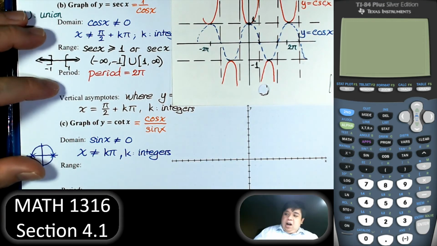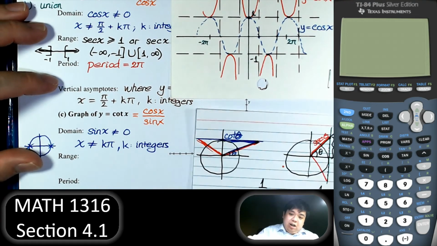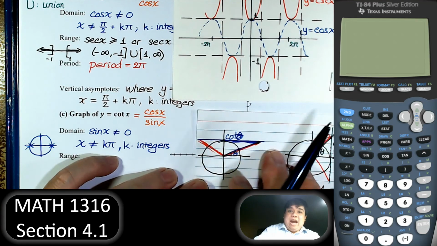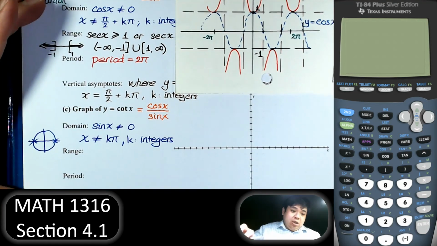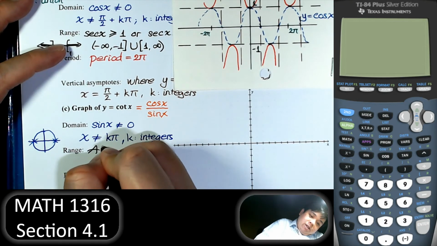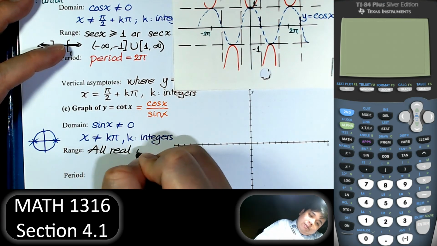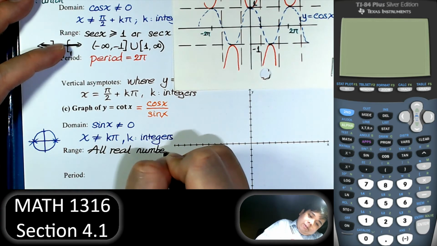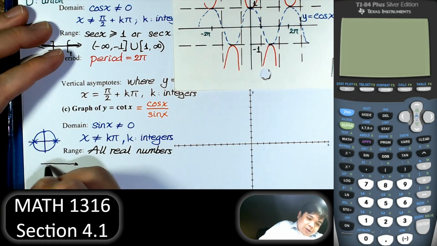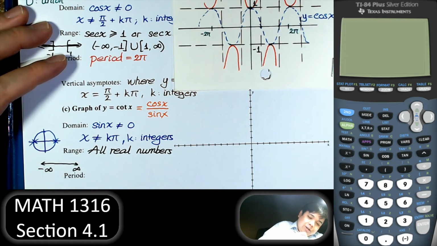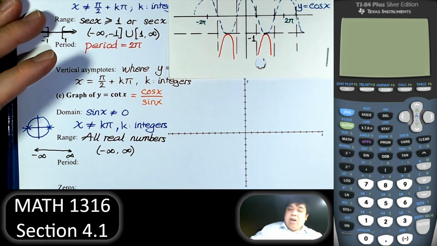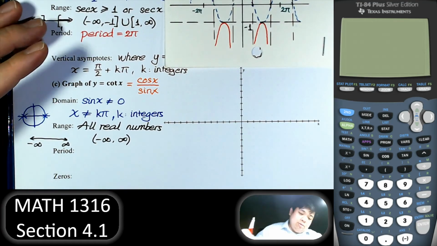The range, similar to the tangent, could be anywhere on the cotangent axis. So the range will be all real numbers. Period, we already talked about this. It's pi.